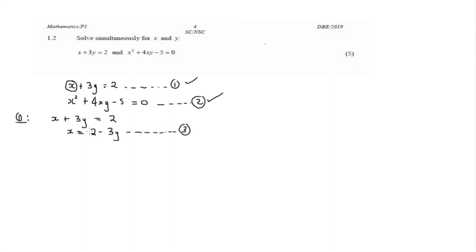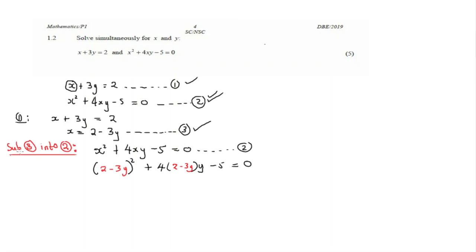Therefore after making x the subject of the formula, we have equation 3. Then we take equation 3 and substitute it into equation 2. So substitute equation 3 into equation 2. So now in equation 2, in place of x we substitute 2 minus 3y.